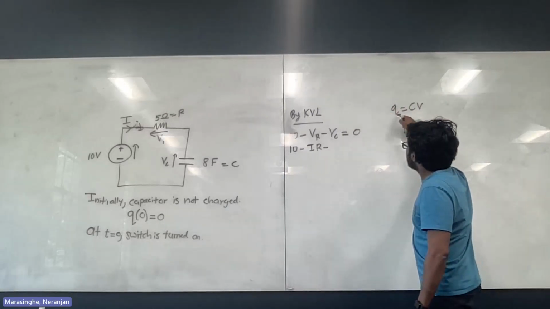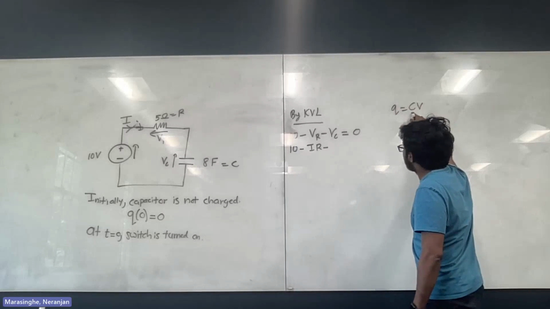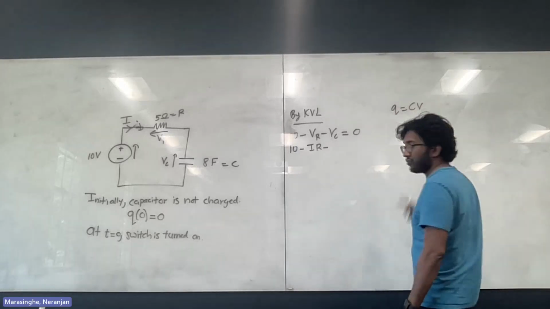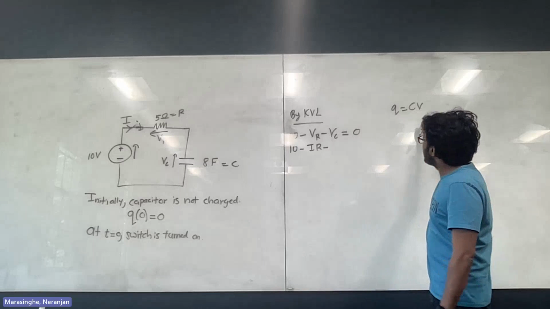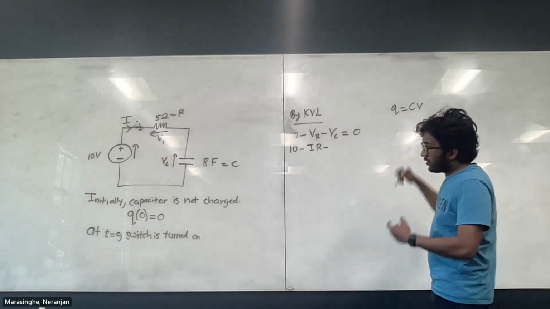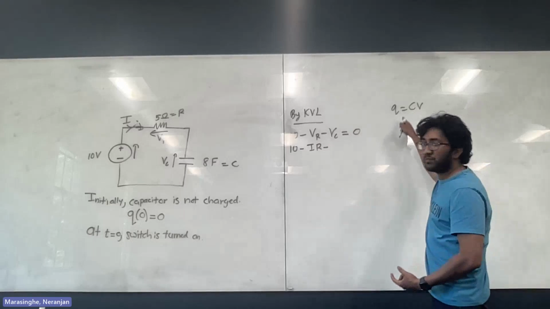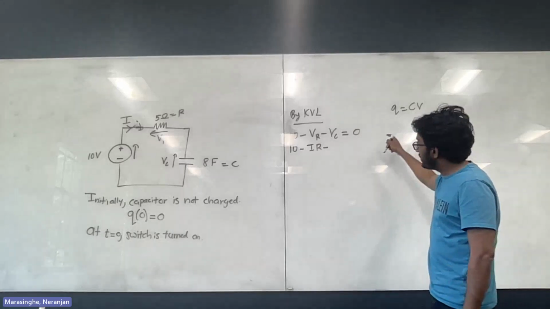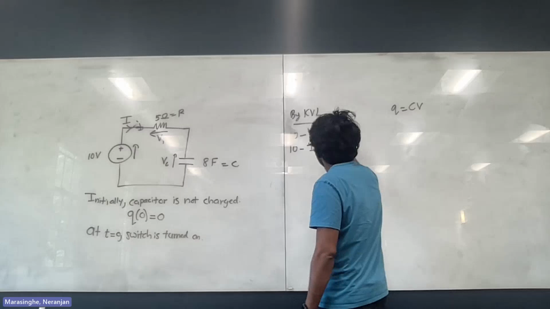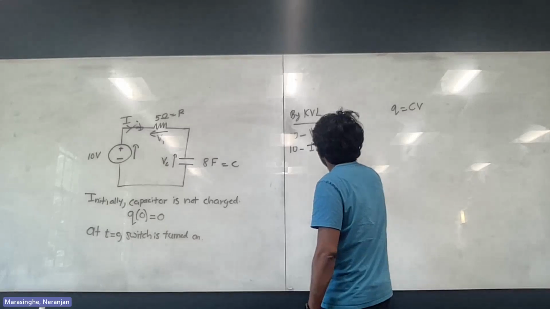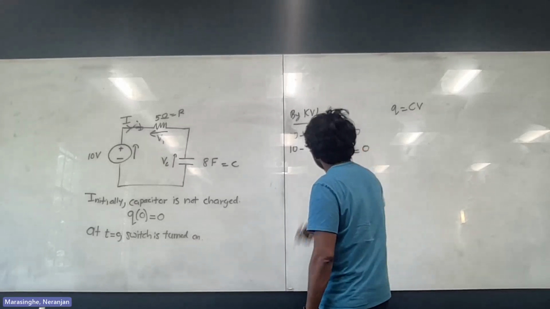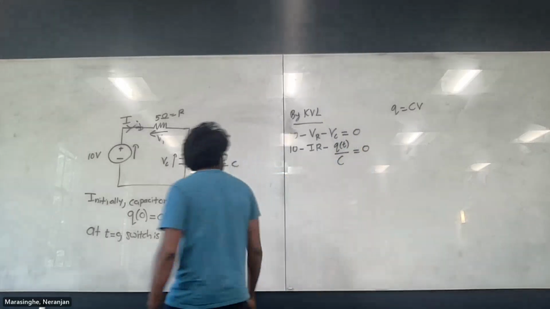The charge on the capacitor is equal to capacitance times voltage. So you can write the voltage across the capacitor by dividing charge by the capacitance. So what is that? Q(t) divided by C is equal to 0.